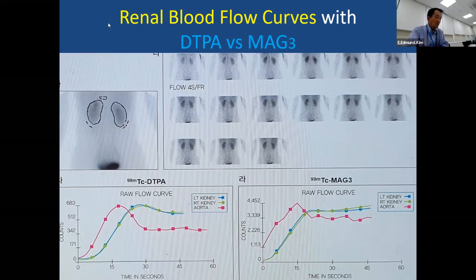The other thing is that to have an ideal renal scan, you have to hydrate the patient properly. Proper hydration means 1,000 cc to drink, either water or saline, and 500 cc IV.